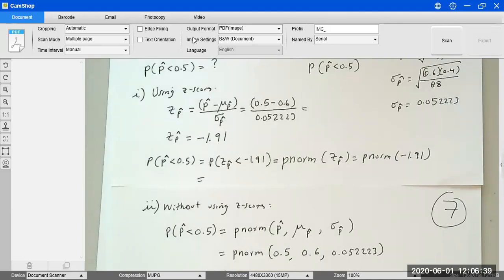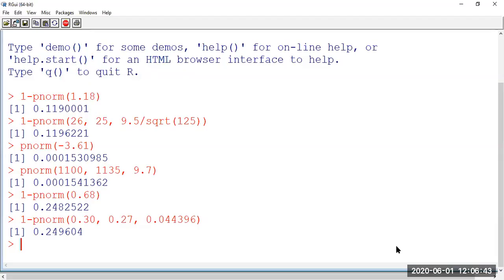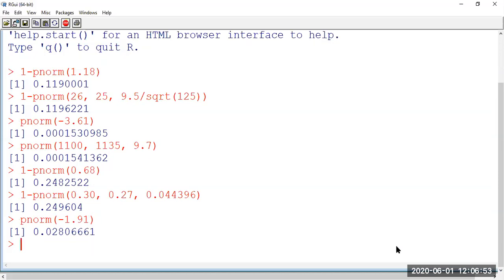You're going to have one more problem for your assignment. So let's see, pnorm of negative 1.91. So this is 0.028, 0.6661.